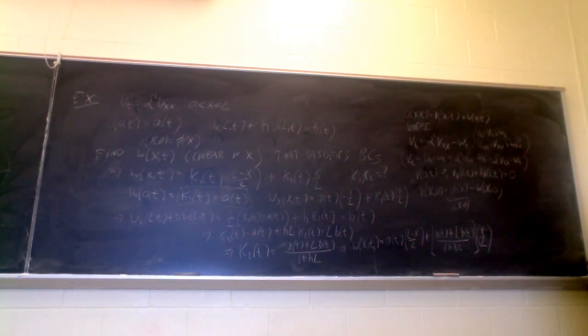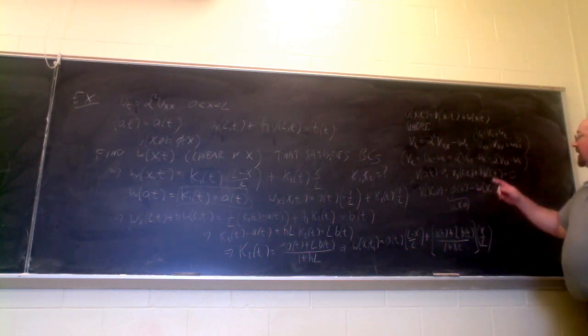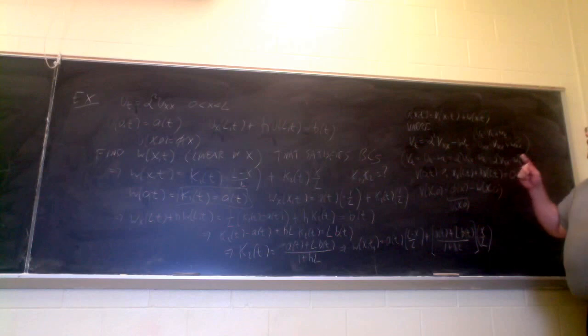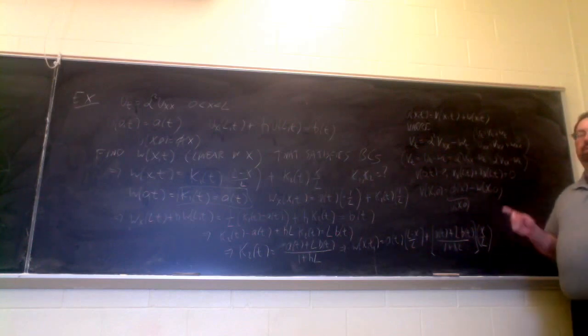Any questions about that? So v of 0,t is 0 since it's u_t minus w_t. Should I say again? V of 0,t is equal to 0 because u and w are both equal to the same thing at the boundary.